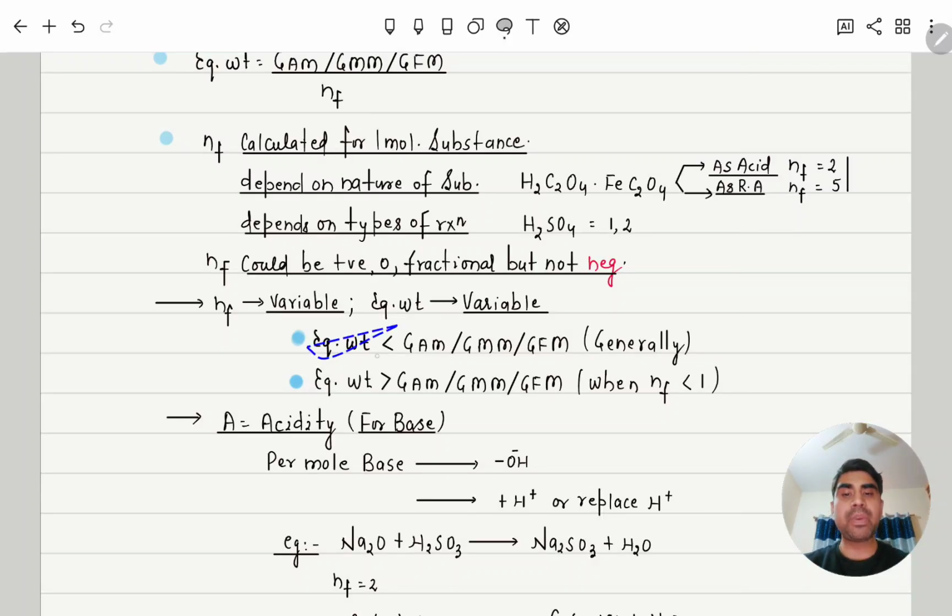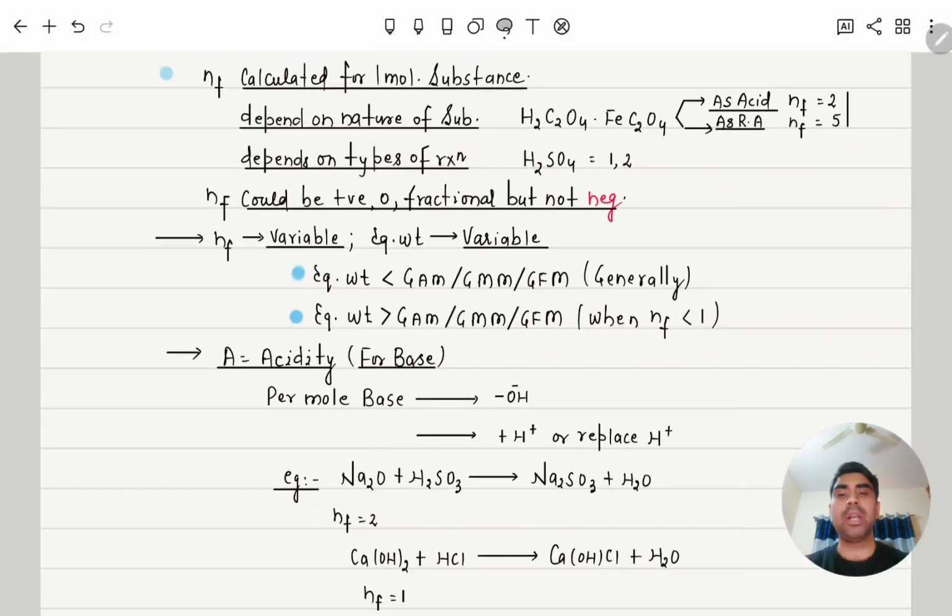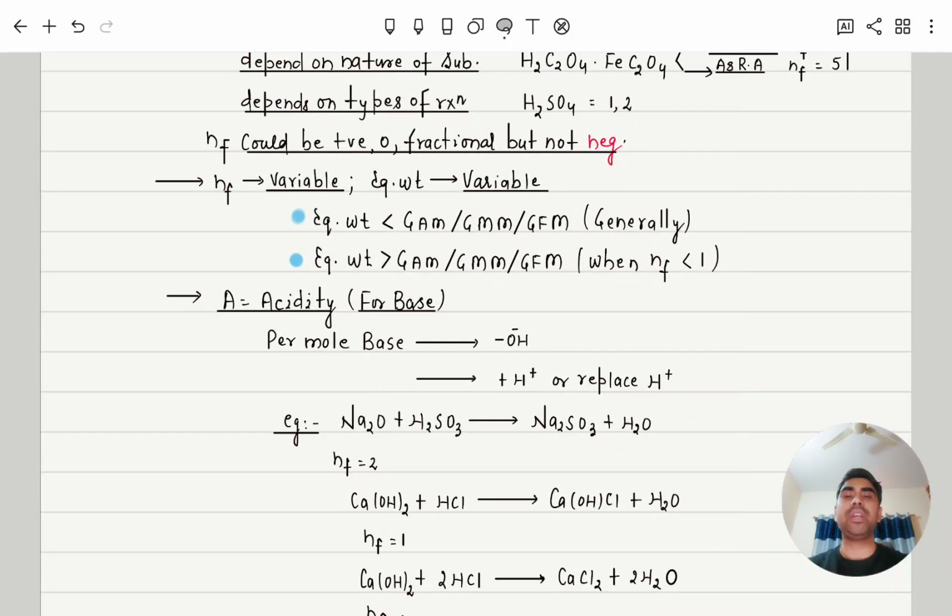But generally the n factor is like 1, 2, 3, and at that time the equivalent weight will be less than the gram atomic mass, gram molecular mass or gram formula mass. But whenever the n factor is fractional, the equivalent weight will be greater than the gram atomic mass or molecular mass.